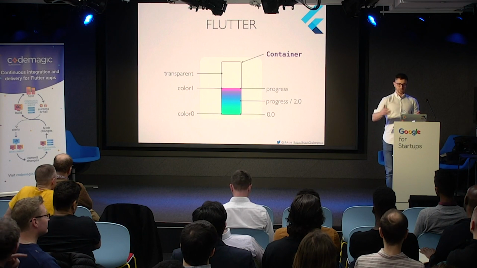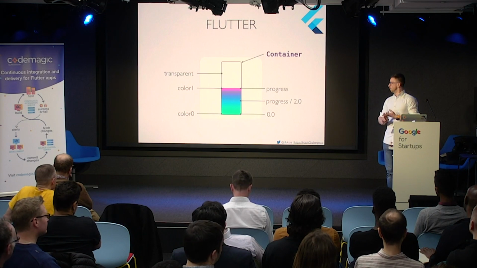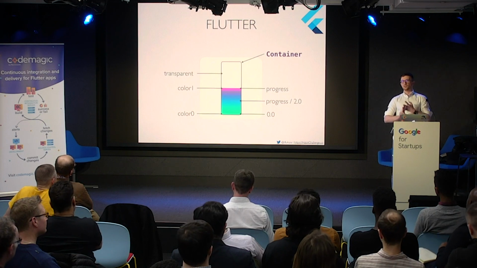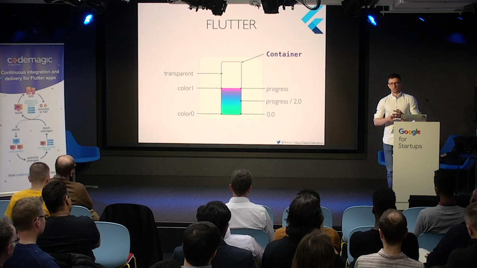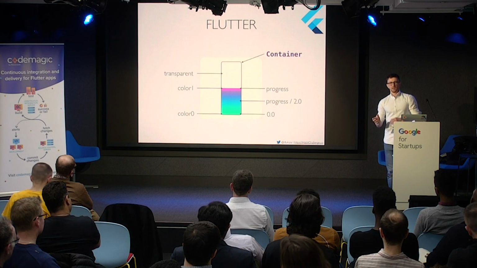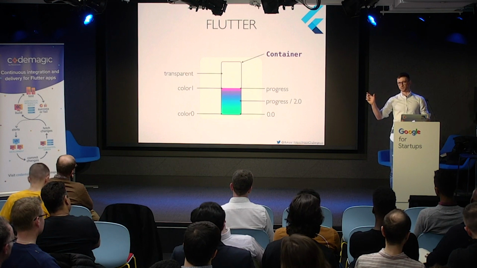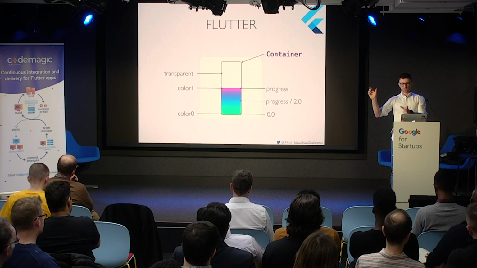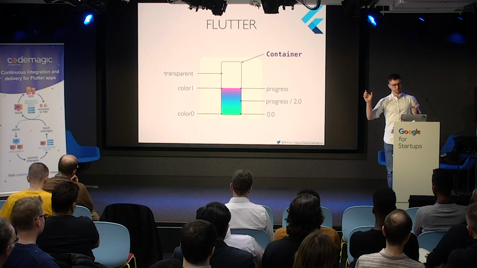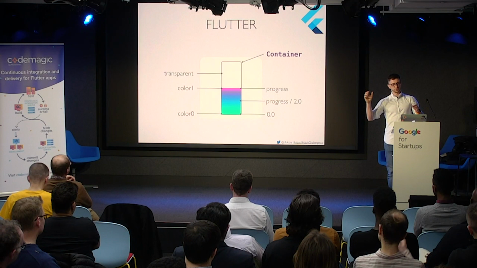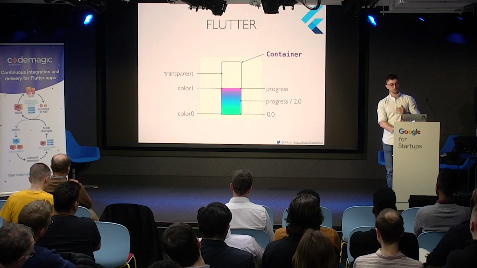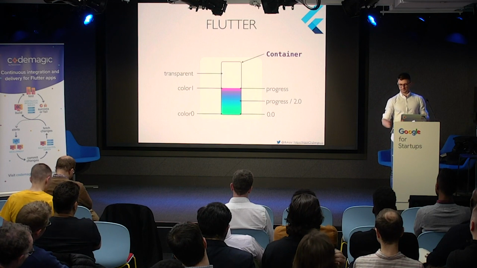And LinearGradient has two properties: colors and stops. You can use both of them to simulate progress. If you add transparent or background color as the last color in colors, and then in stops you provide progress as the last stop, then you will get a progress bar.